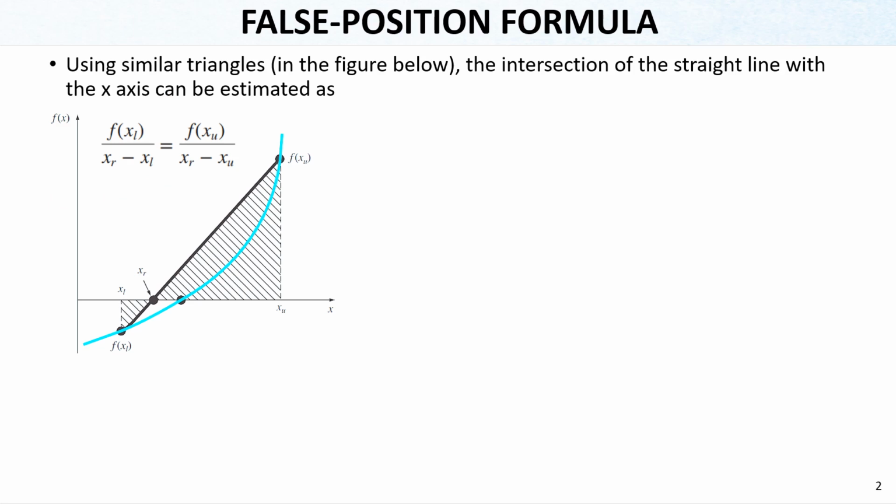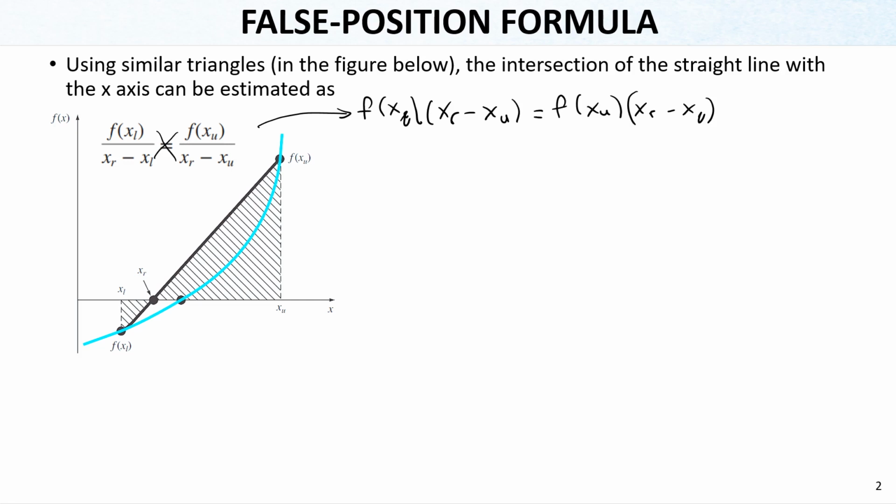Let's see how it works. Let me write on the right hand side that we can simply take a cross product. So f(xl) times (xr minus xu) is equivalent to f(xu) times (xr minus xl). This is the equation. Now we are going to rearrange this.